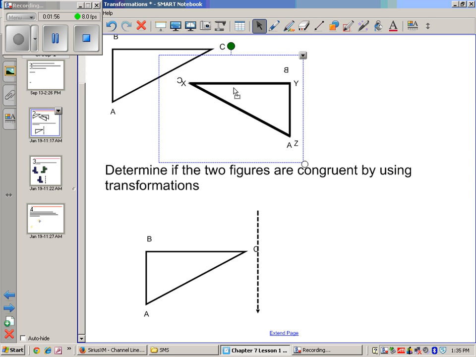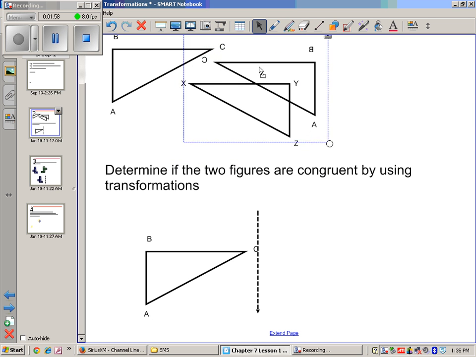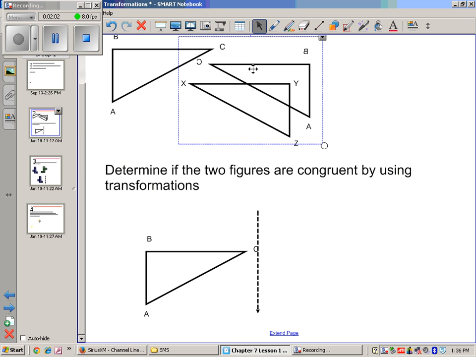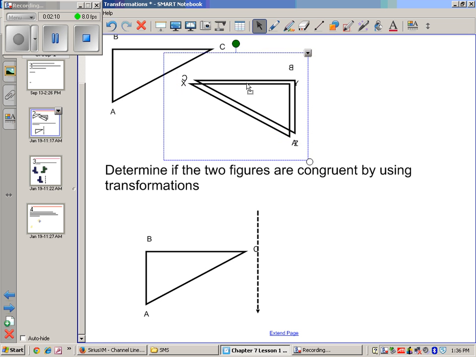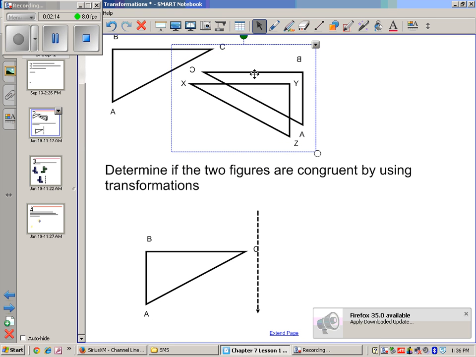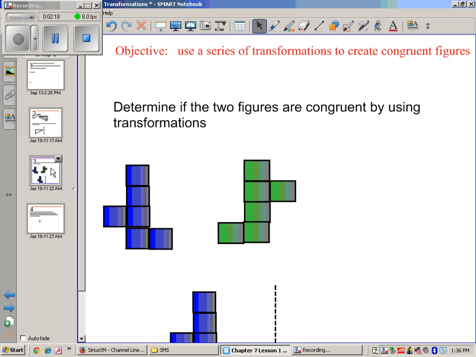It would slide right over top of it. So we used two transformations: a reflection, and then a translation or a slide. We did a flip and a slide, or a reflection and a translation, to determine that these two triangles are congruent. Okay, let's take a peek at our next example.